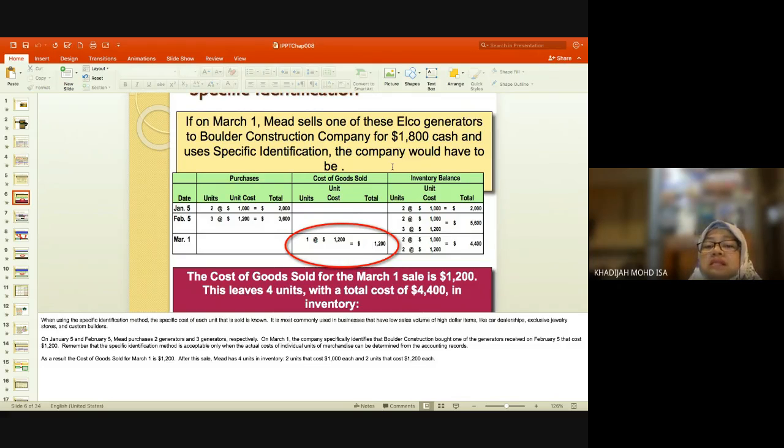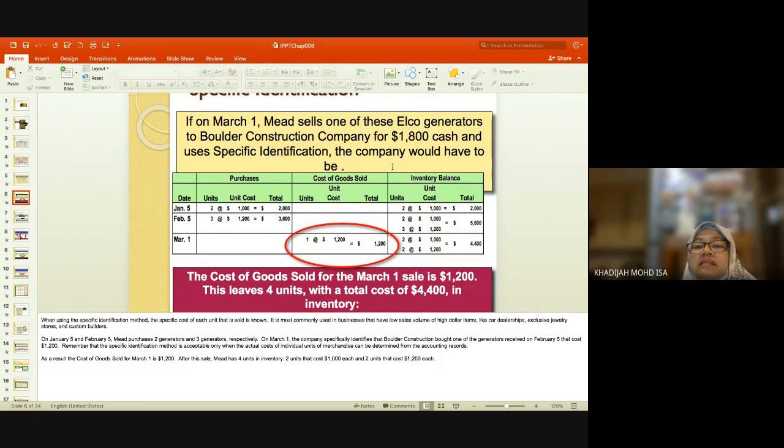So in this case, as of February 5th, you have 2 units that cost you 1,000 each, and 3 units that cost you 1,200 each. So you have to be very specific about your inventory balance. And then on March 1st, you sell one Alco generator that costs 1,008.